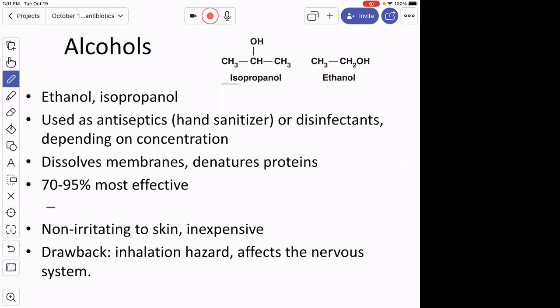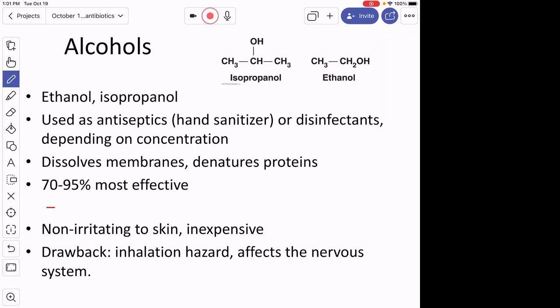And then we got into some of our chemical disinfectants and antiseptics. Remember, a disinfectant is designed to be used on a non-living surface, and an antiseptic is designed to be used on a living surface. Sometimes you can just alter the concentration of a chemical and it can be used for either one.